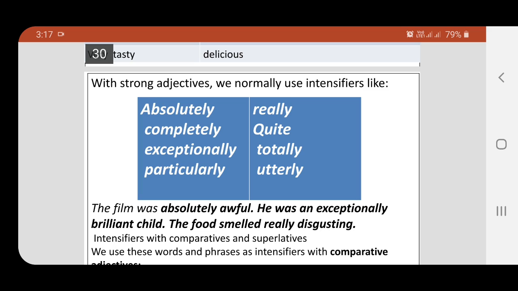Quite a handsome young man. Totally, exceptionally, particularly, utterly. So these are some of the intensifiers used with strong adjectives.